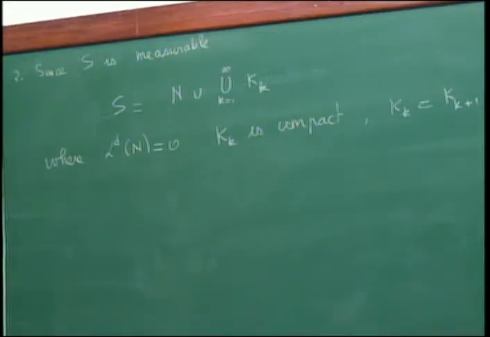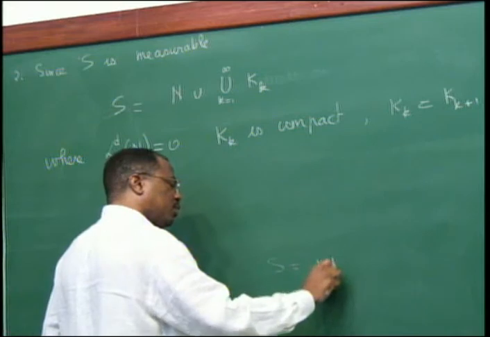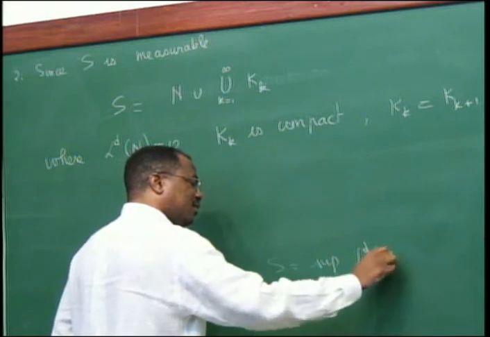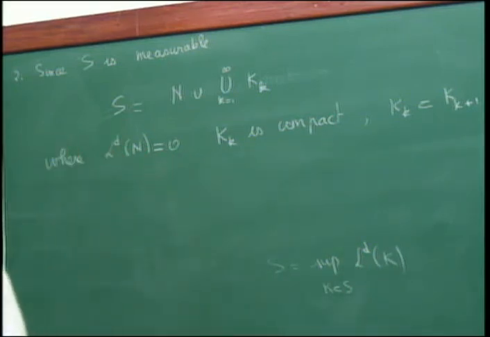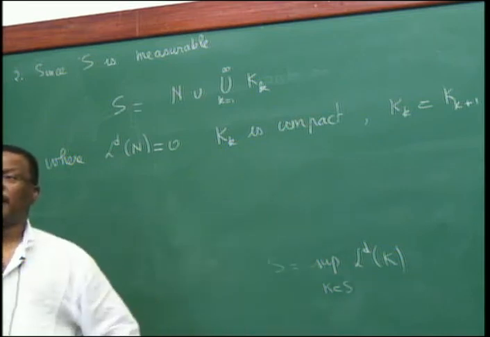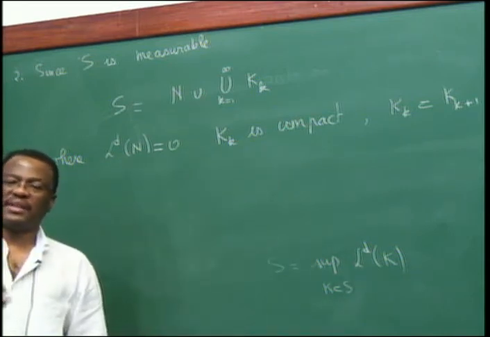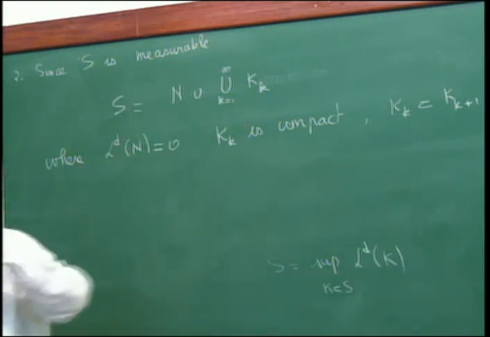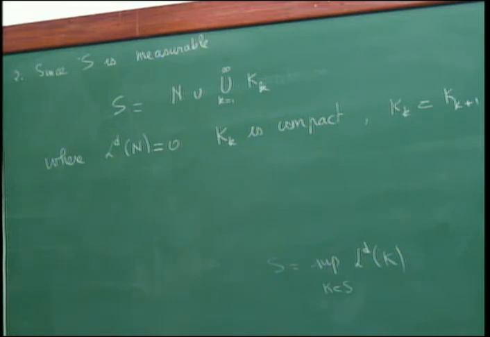So S is a measurable set. I can write that the measure of S is a sup over the compact sets K, subset of S, of L^d of K. Take a maximizing sequence K_k. Replacing K_k by K_1 union K_2 up to K_k, I can assume without loss of generality that my sequence is increasing.